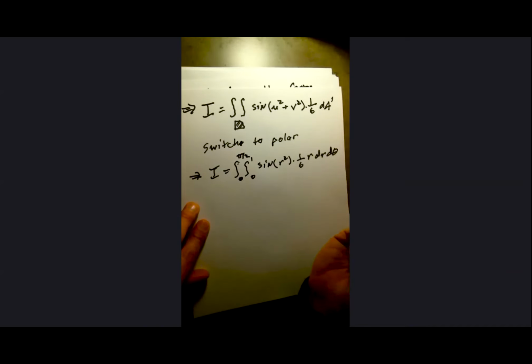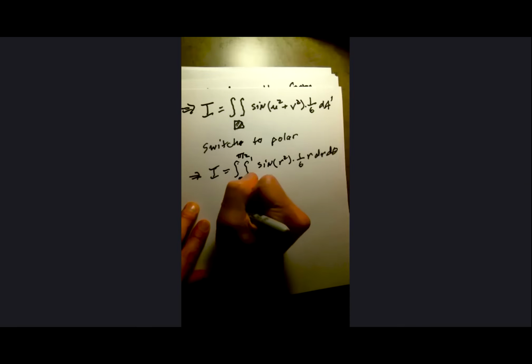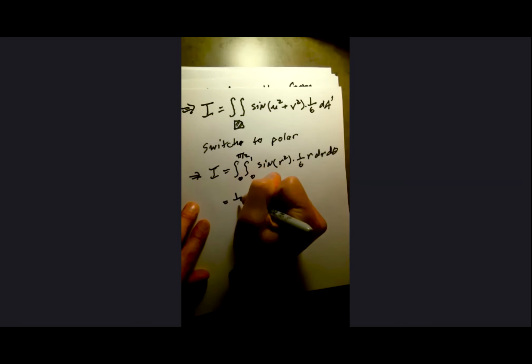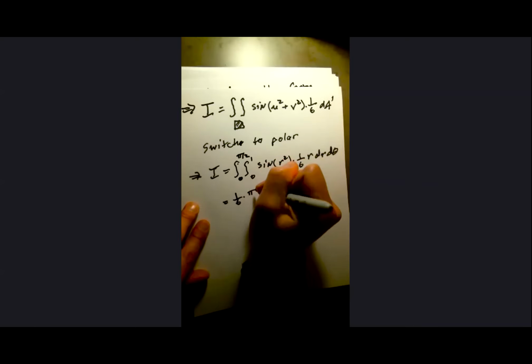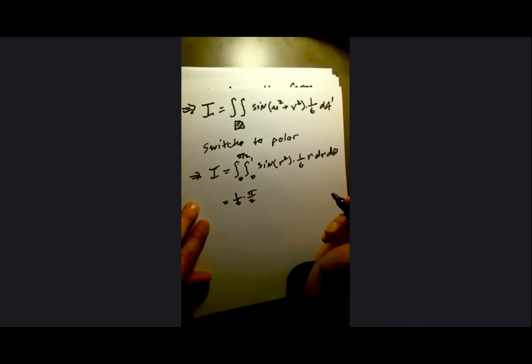At this stage, it's just a bunch of writing. So the 1/6 can come out. There's no thetas anywhere, so we know we're going to have a pi/2 out front.